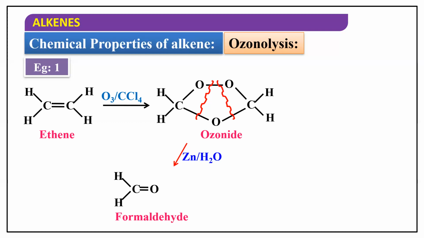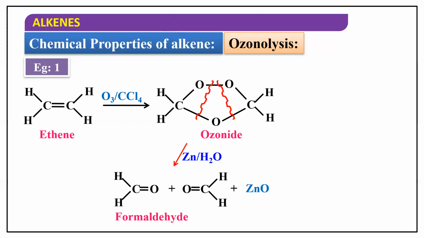There's one more breakage. When this breakage happens, this portion will also give me formaldehyde, HCHO. And then what is remaining? I have oxygen. Oxygen will go out as ZnO. So this should be pretty straightforward for you to understand.